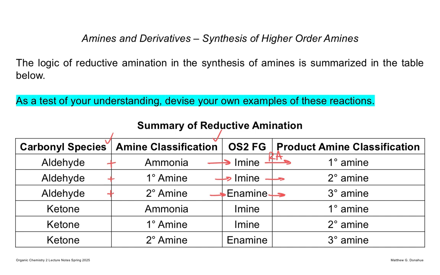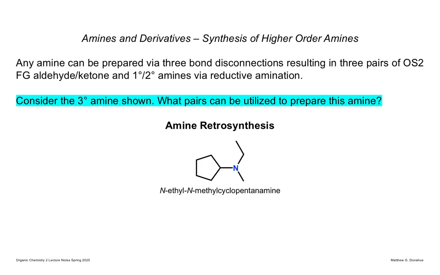So again, the reductive amination, you do need acid and the hydride reducing agent, which is sort of forming H2 as an equivalent. So to put this into practice, like we saw with alcohols, you can make any alcohol 3 different ways. You can make any amine 3 different ways using reductive amination.